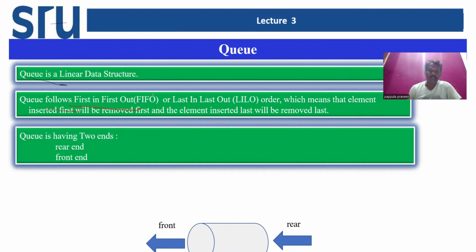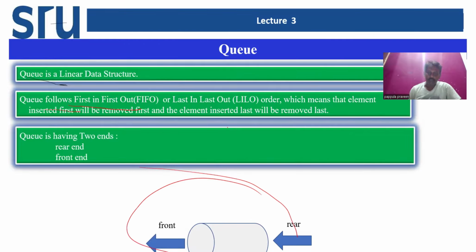It means the first element is removed first, or last in, last out order. Both are the same, which means the element inserted first will be removed first, and the element inserted last will be removed last.